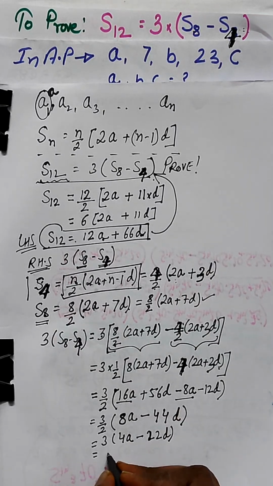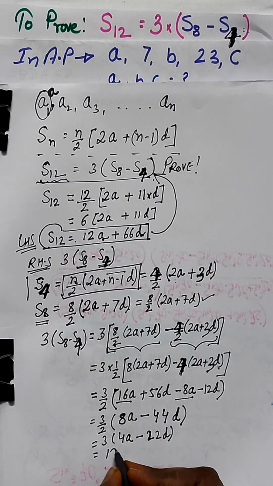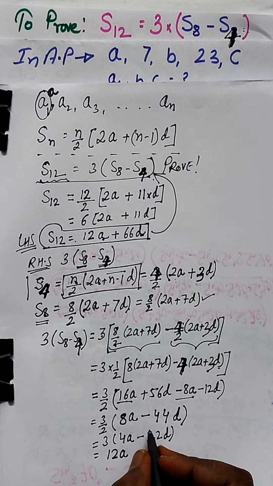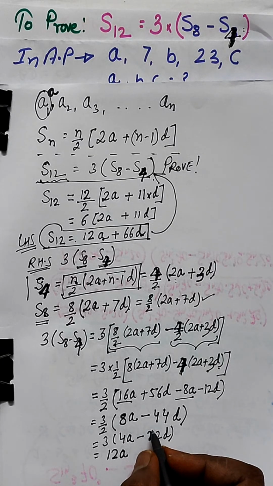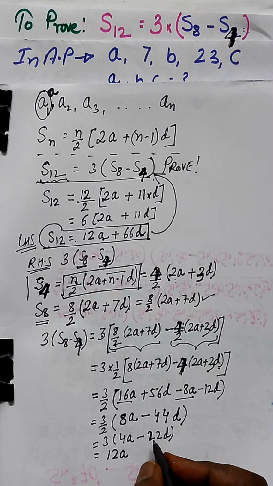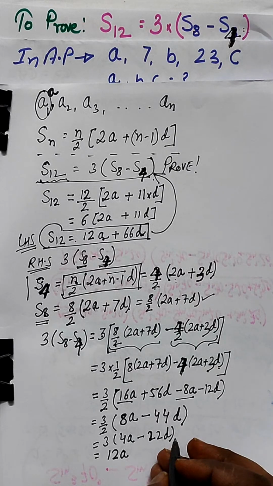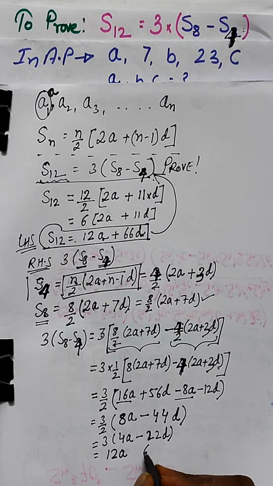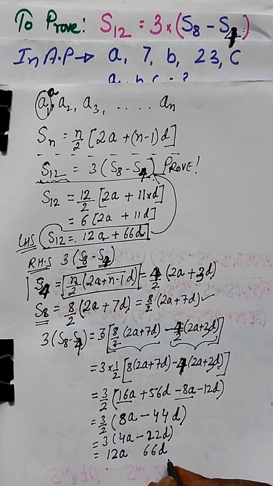Just open it: 3 into 4 will come as 12a, and now 22 into 3 will come as 66d, right?